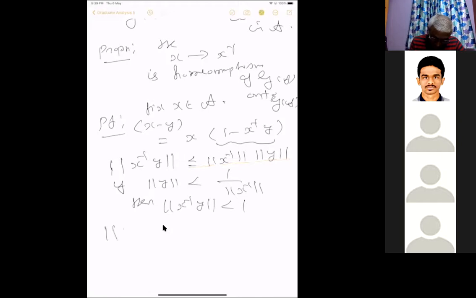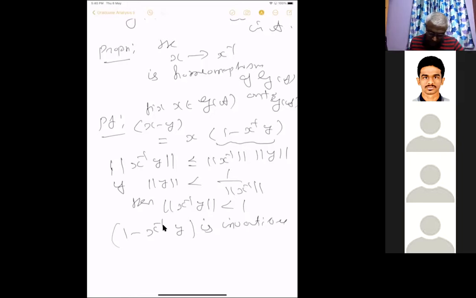So then 1 minus x inverse y. Let's fix x in G of A, an invertible element x. Then 1 minus x inverse y is invertible by the earlier proposition.